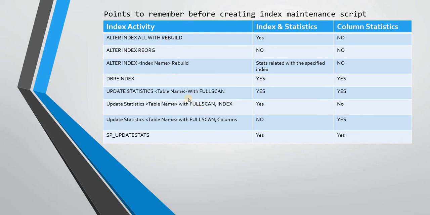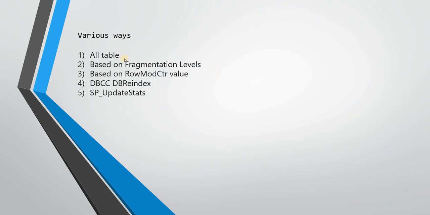In the rest you can control which index needs to be rebuilt and reorganized and all such things, but within DBREINDEX and sp_updatestats you cannot control anything. That's why, though they are very good features for reindexing the index and stats, they are used very rarely.